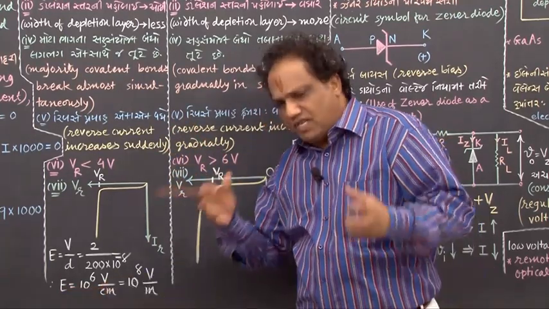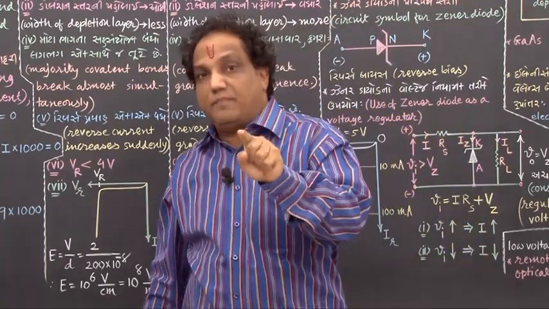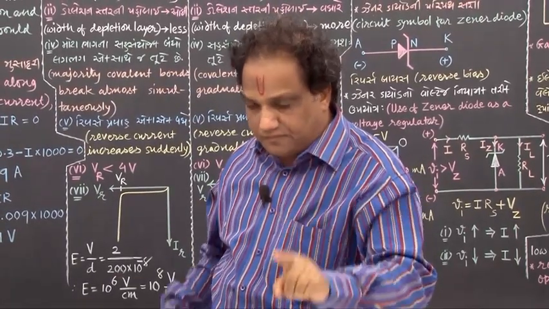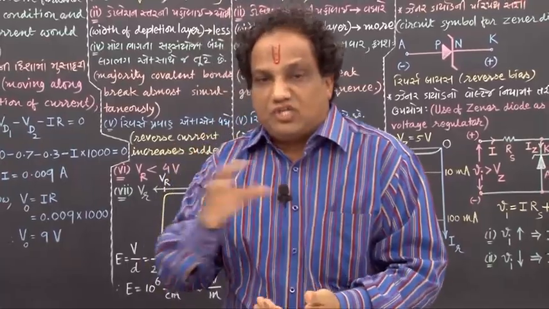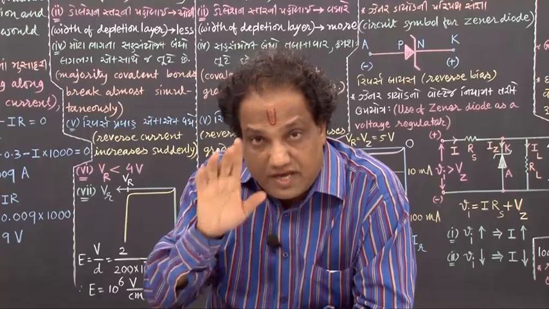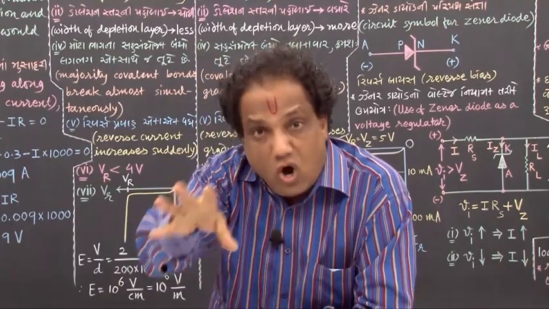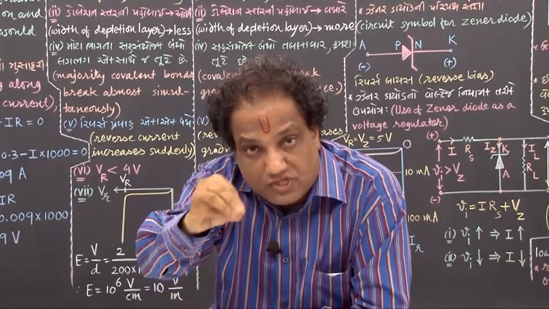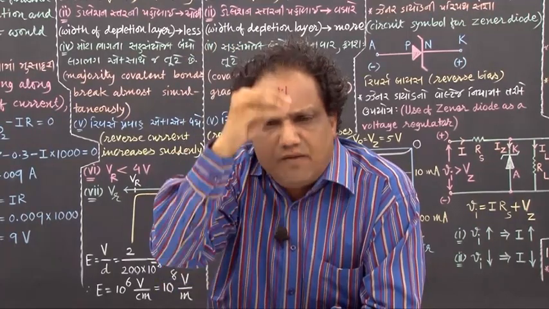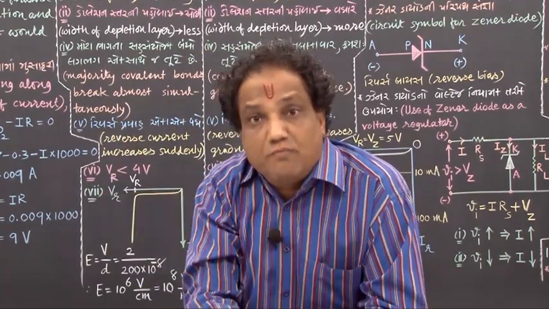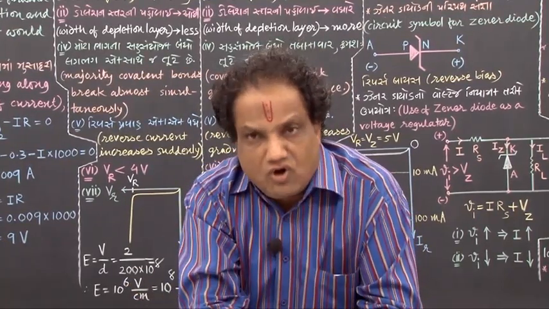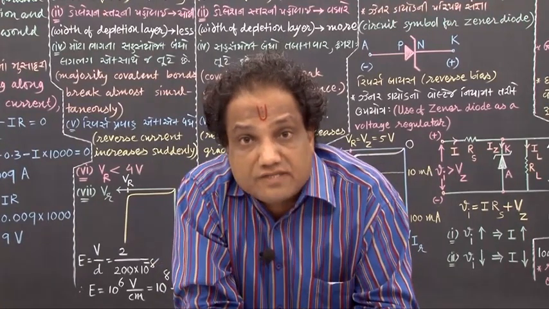Now because of this very strong electric field persisting in the PN junction diode, specifically in the depletion layer, you know what it does? Because of the application of a very strong electric field, in the depletion layer a majority of covalent bonds get broken almost at the same time, simultaneously. If there is simultaneous breaking of a majority of covalent bonds, naturally all of a sudden you will have release of a very large number of free electron and hole pairs, correct?